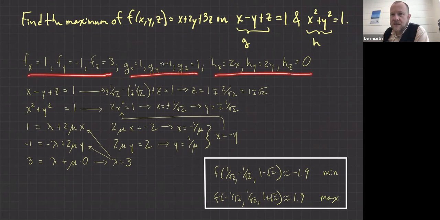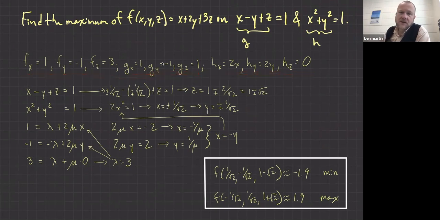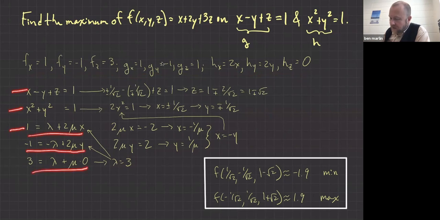But the h sub z, because there were no z's appearing in the equation, you just get 0, all right? So we have constraint 1, constraint 2, and then we have that f sub x needs to be equal to lambda times g sub x plus mu times h sub x. So that gets a little more convoluted there. Same idea with the derivatives with respect to y, same idea with the derivatives with respect to z.